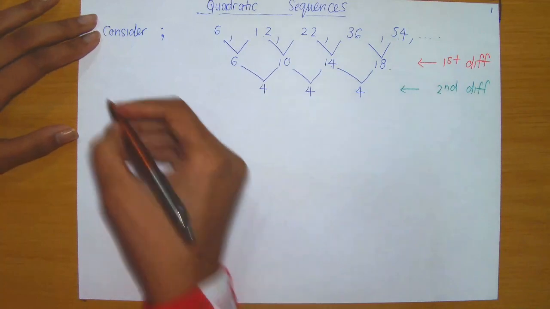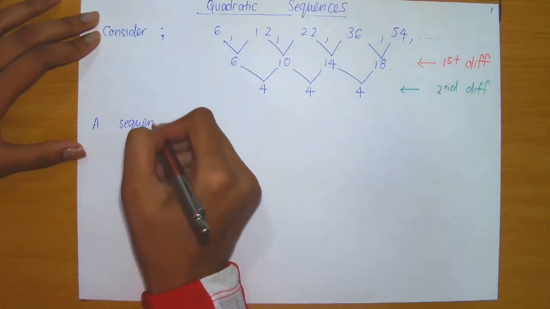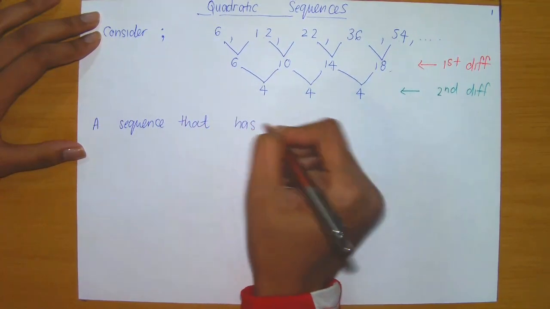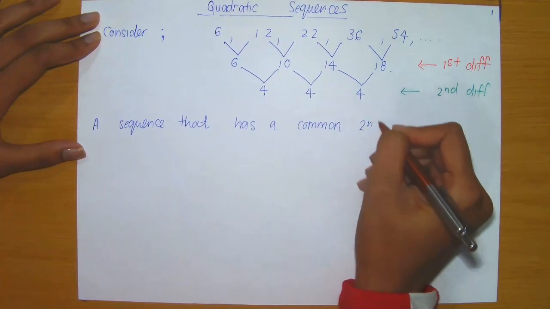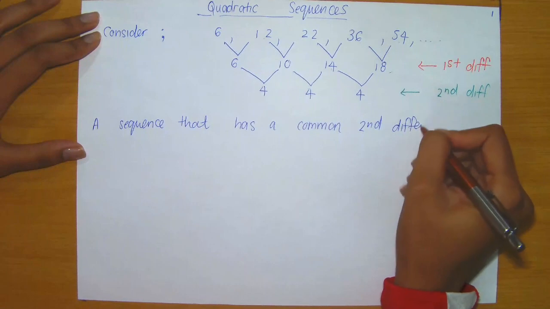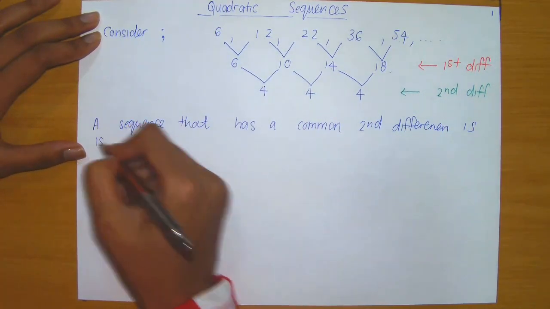Right, so any sequence that has a common second difference, like what we had encountered above, is called a quadratic sequence.